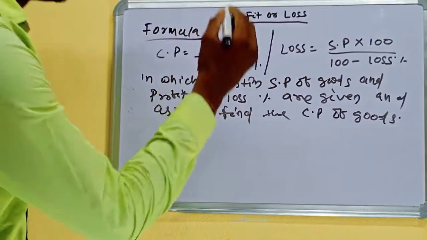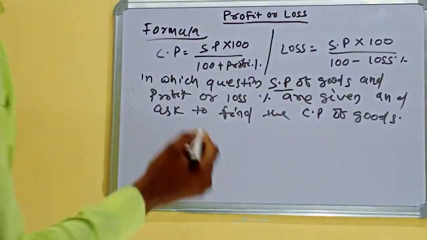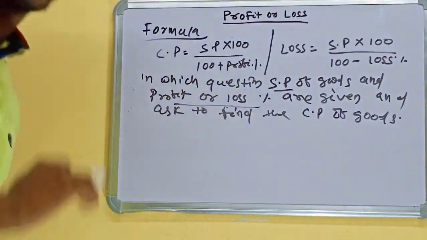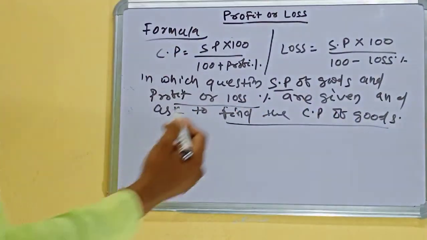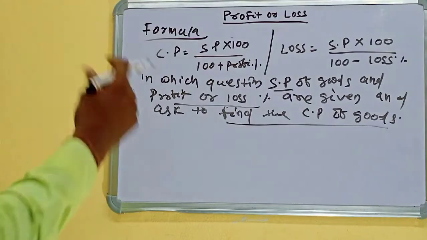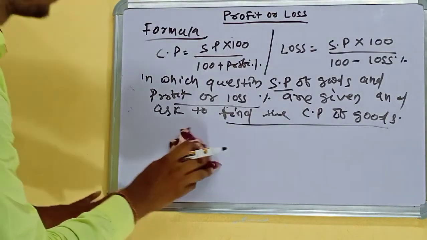Now, where the SP of goods and profit or loss percentage are given and we are asked to find the CP of goods, we explain this through an example.